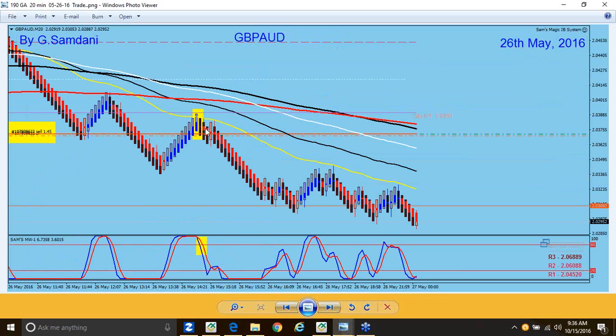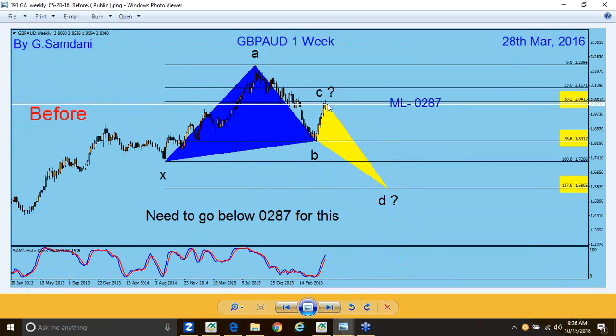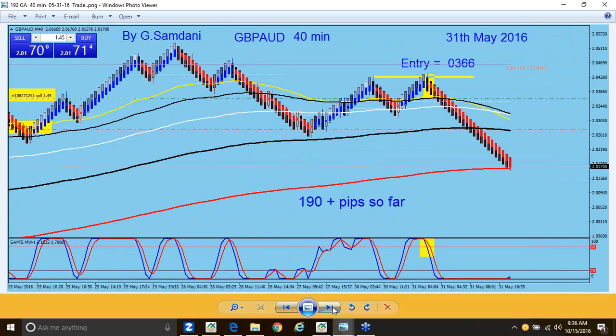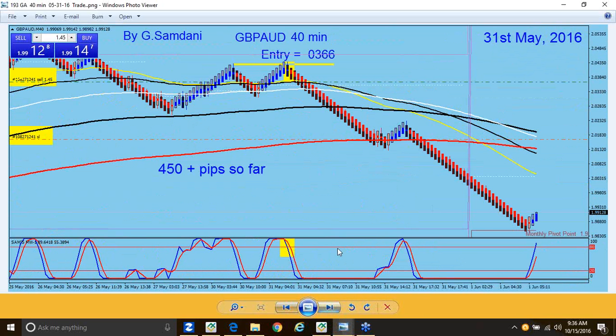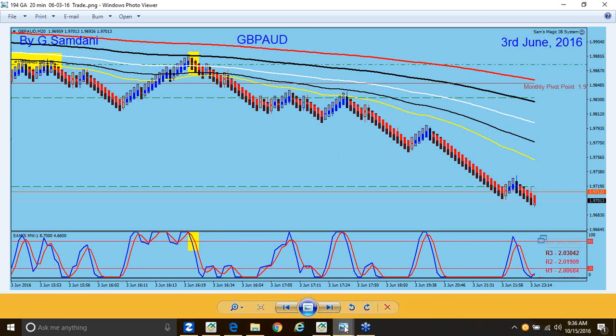I took this one, and then it started going down. God knows where it went. But just keep looking at this chart. Start pulling back from there, and then you will see all short entries, only a couple of them long, and I'll show you why. Look at this short all the way down.